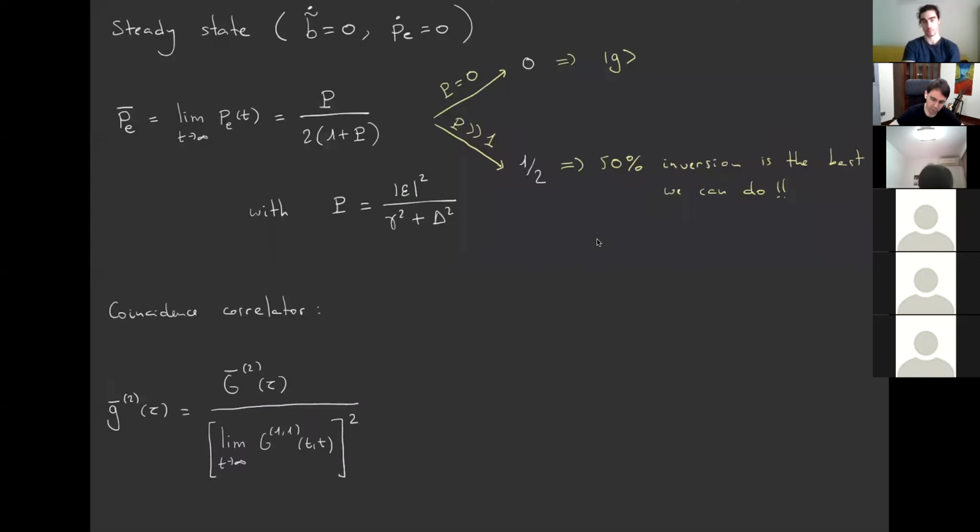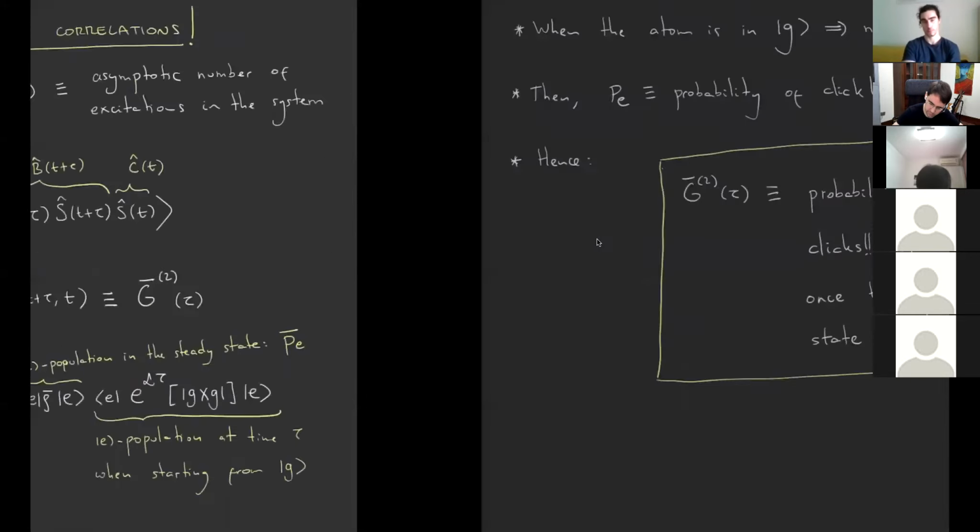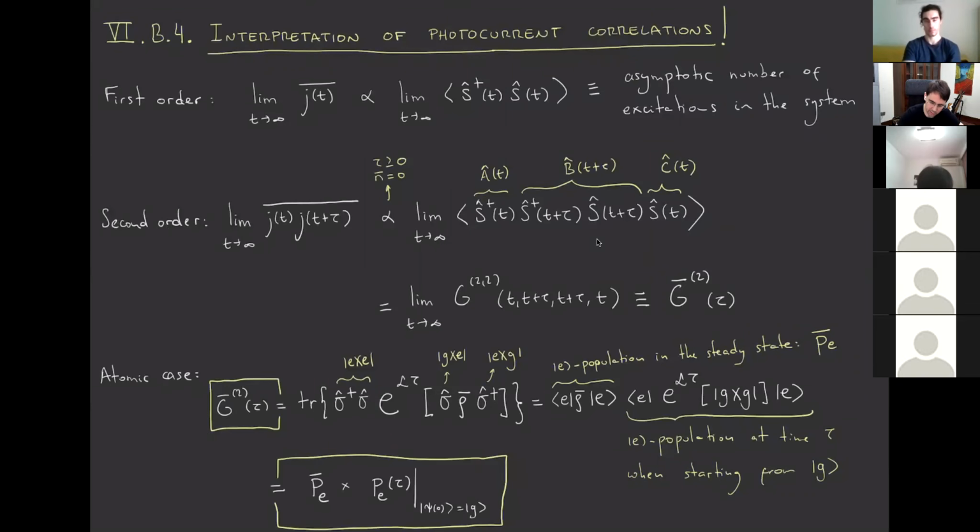So this is the expression that we get in general for the normalized G2 function. And then what we saw is the interpretation of this G2 function: it is the probability of being excited times the probability of being excited at time tau if you were in the ground state at time 0, okay?